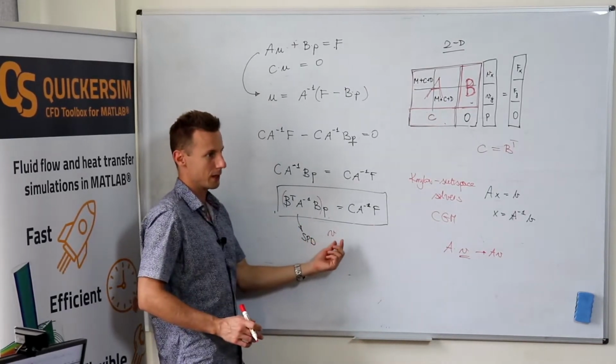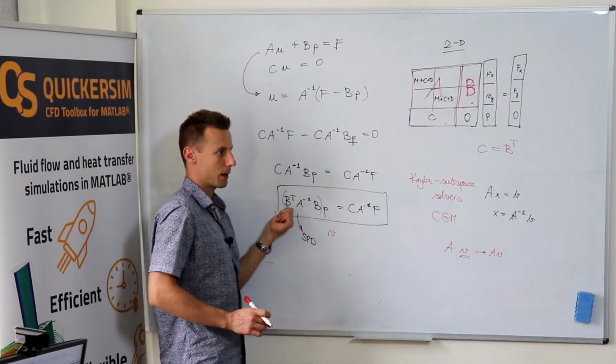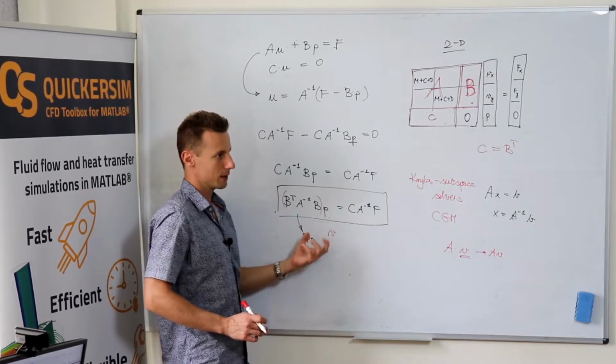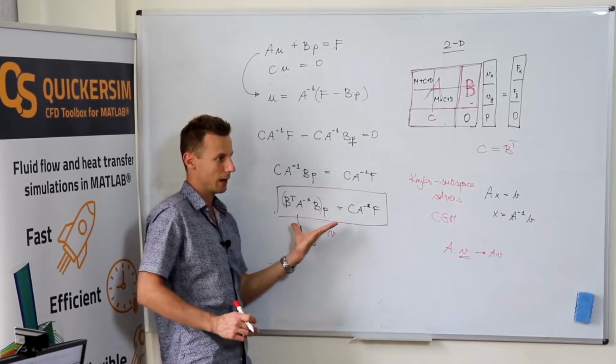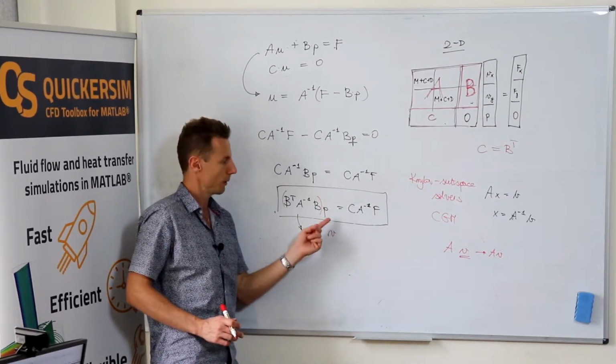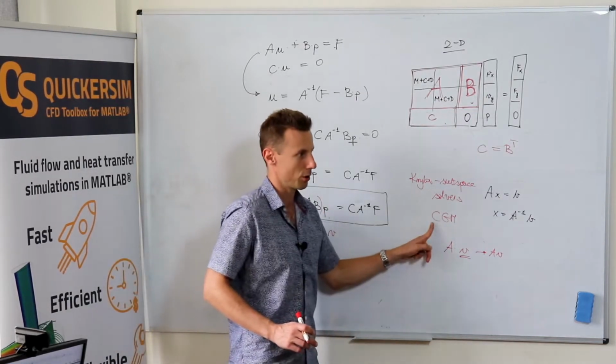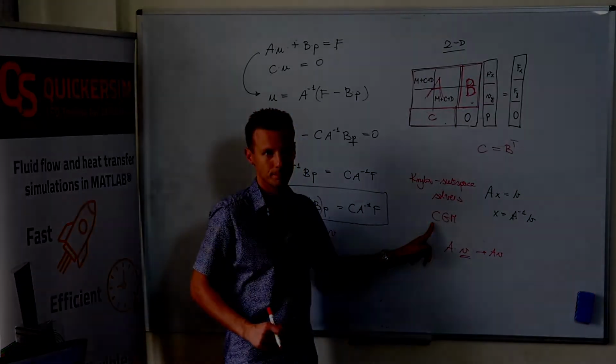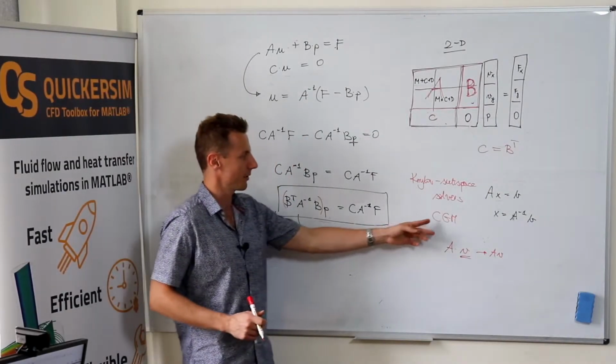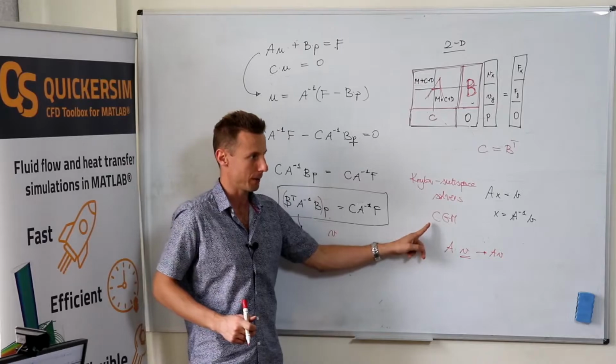Okay, we've got the result. So multiply B transpose by the result, and that's it. Voila, we've got the result that we can return to the conjugate gradient method.